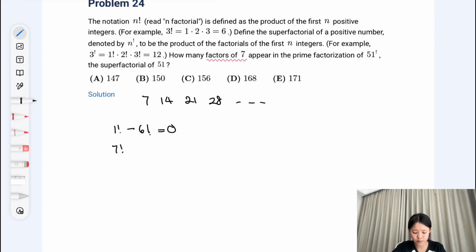And 7 factorial to 13 factorial, that would be 1 times 7, since you have one 7 within each of those, and that comes down to 7. And if you have 14 factorial to 20 factorial, that would be 2 times 7 equals 14, since you have now 7 and also 14. So that is 2 factors of 7.